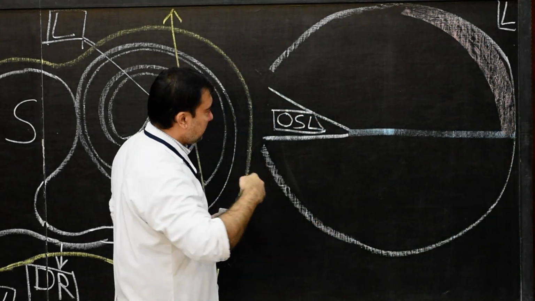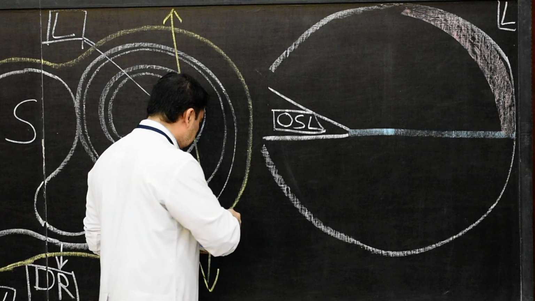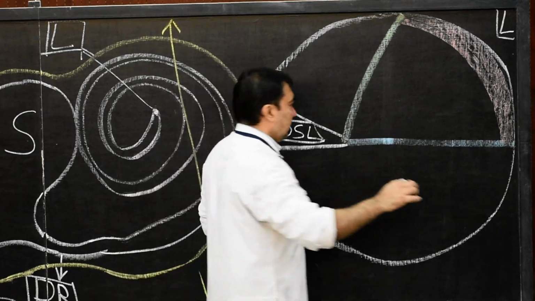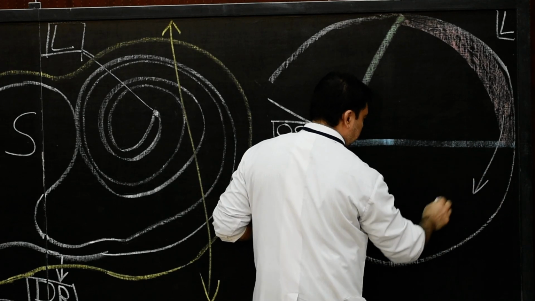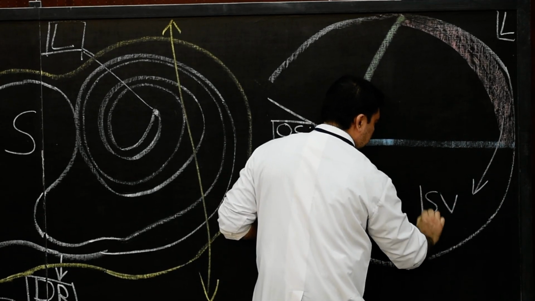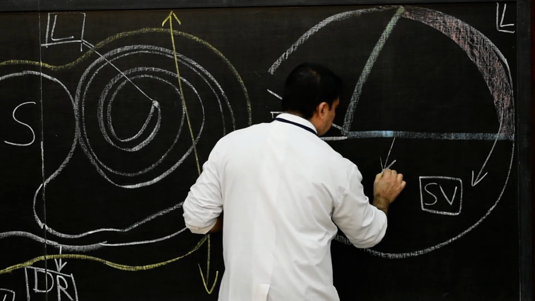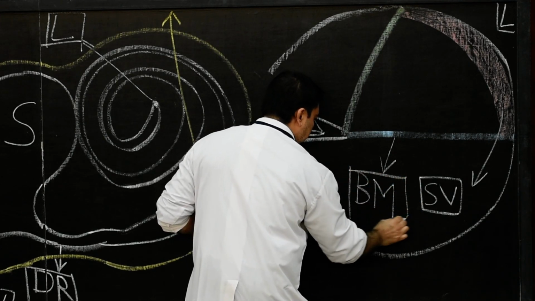Next I will draw the medial wall, and for that medial wall I will use green color. All the three we have to mark. This we need to mark as the lateral wall, stria vascularis. Please note down and mark it, very important. This we need to mark as the basilar membrane, which will join with the osseous spiral lamina.